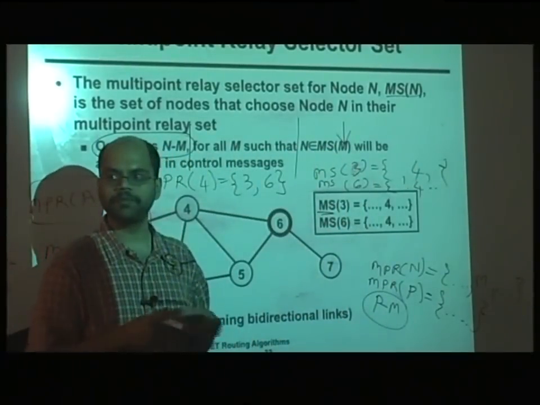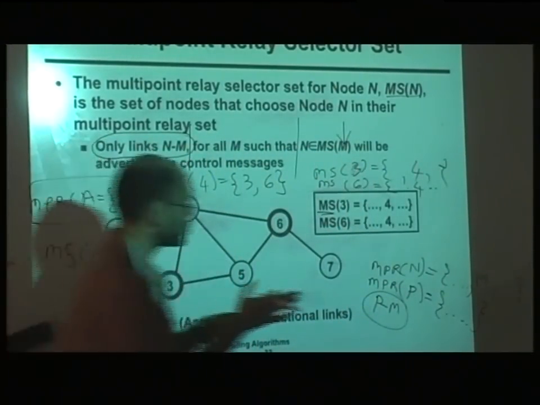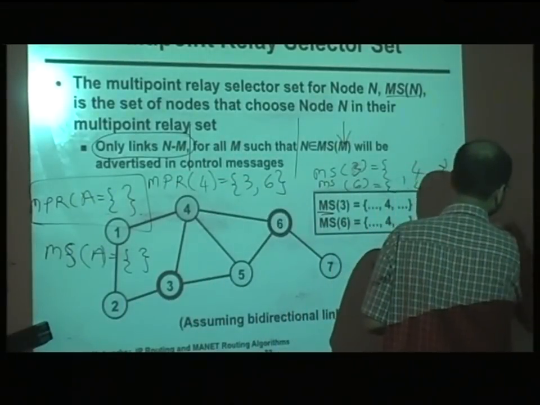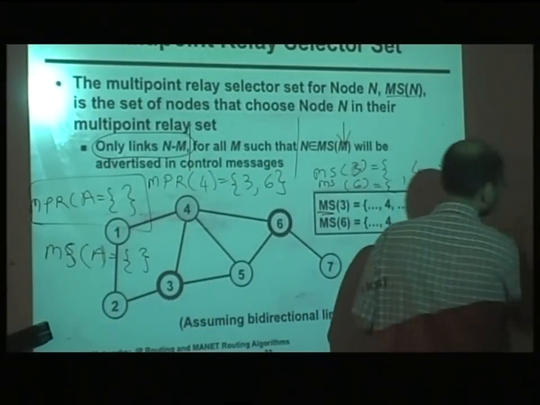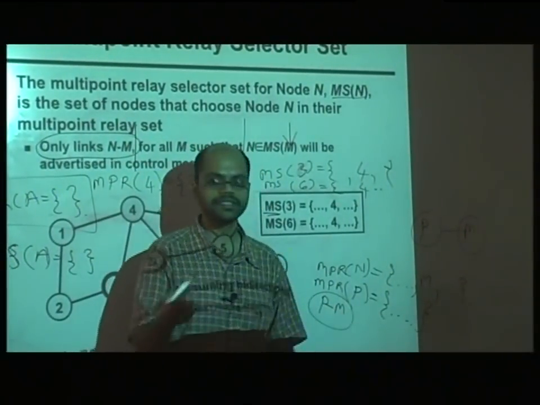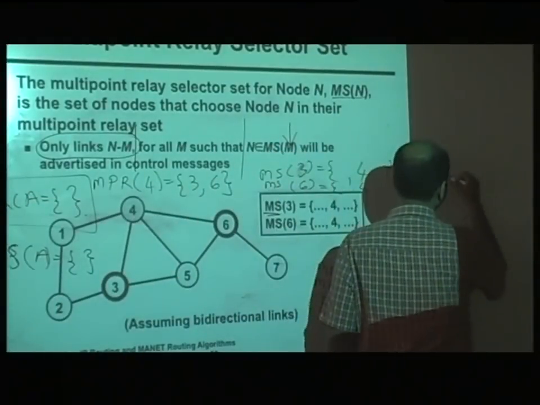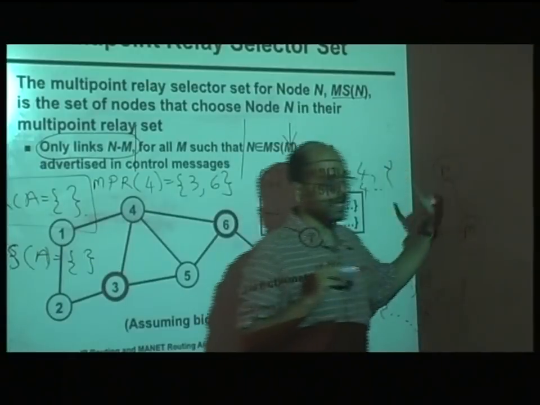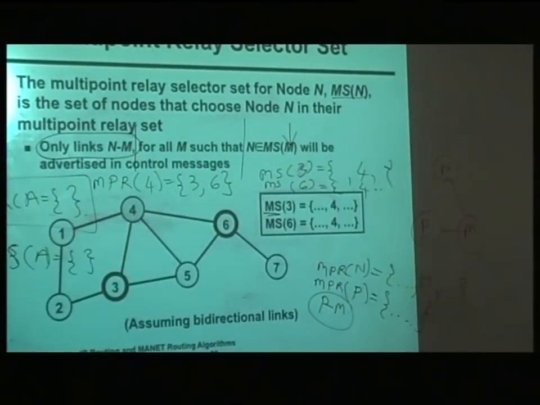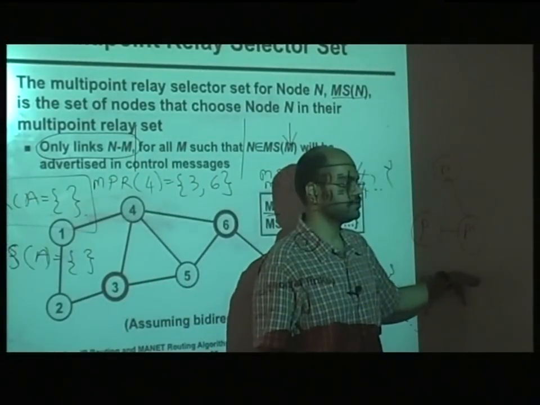So M will never advertise P-M, even if in the network P is directly connected to M. Just because P hasn't selected M to be its relay, it will never advertise this. It will only advertise this case, because N has selected M to be its relay. If you look at this, then it will be clear.